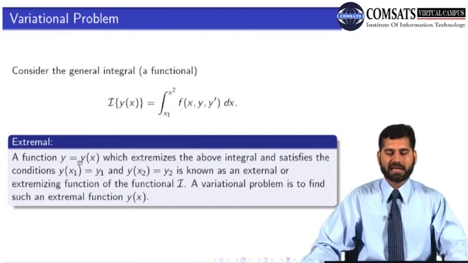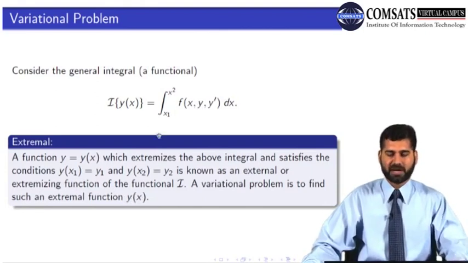A function y of x which extremizes the above integral and satisfies the conditions y of x1 is equal to y1 and y of x2 is equal to y2 is known as an extremal or extremizing function of the functional I. A variational problem is to find such an extremal function y of x.